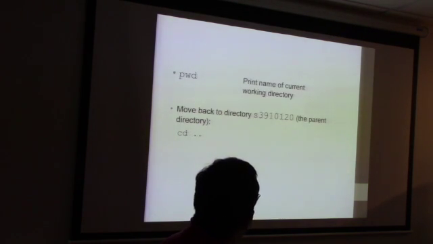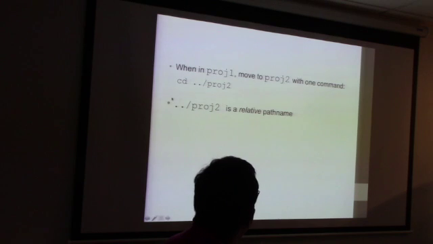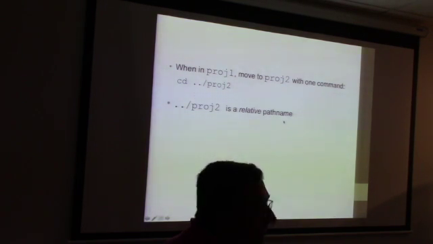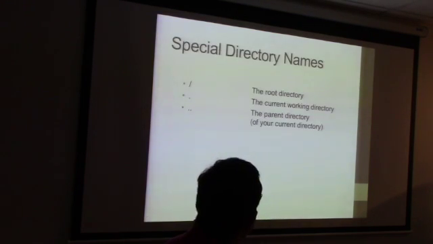Now, if you want to move back, this is the dot dot that I was saying. You can say cd space dot dot and this will bring you back to the previous directory. When you're in project 1, to move to project 2 with one command, you can go cd ../project 2. So ../project 2 is a relative path name. Does that make sense? Okay.